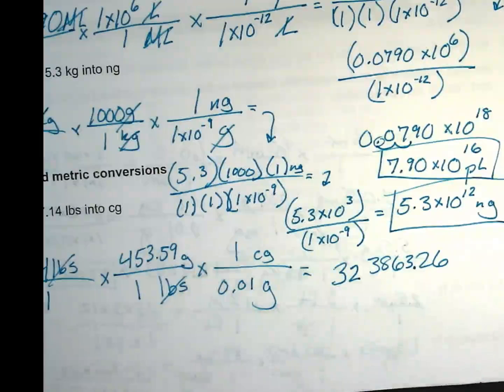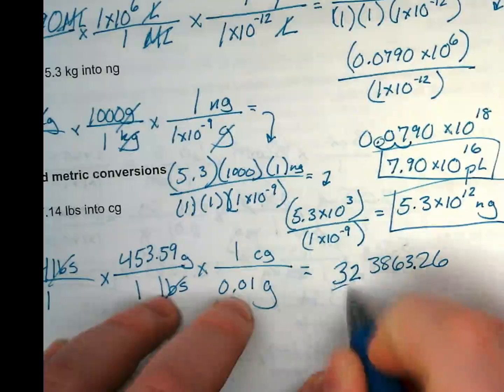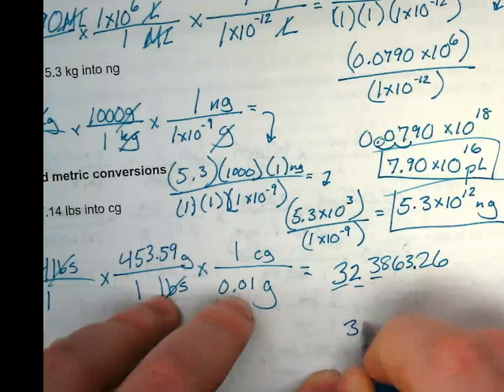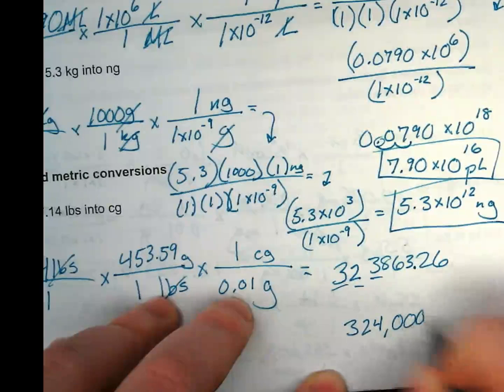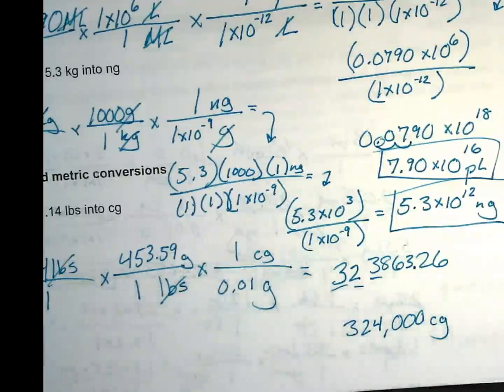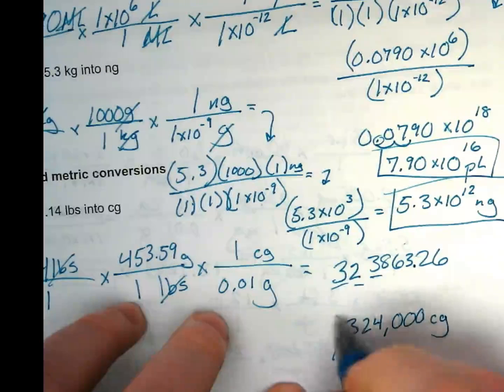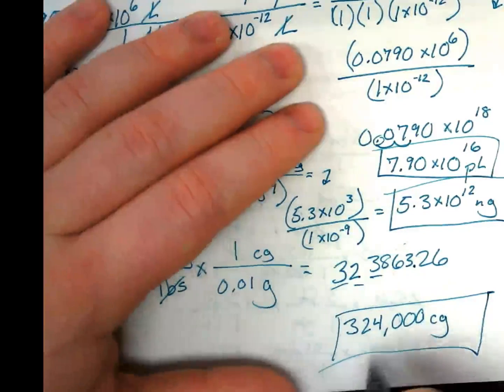We started off with 3 sig figs, and we have to keep sig figs, so it looks like just 3 are going to be necessary. So 1, 2, 3. It looks like here that we have 324,000 centigrams for our answer. Now, this is a prime example where the answer doesn't have to be, but really should be in scientific notation.